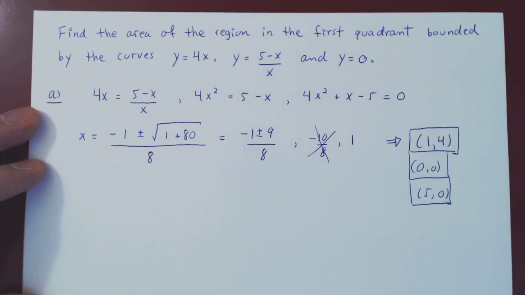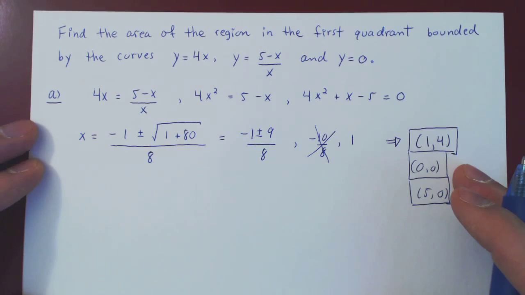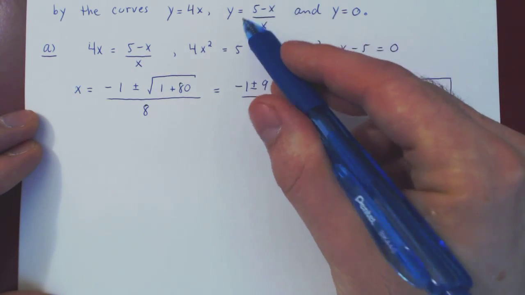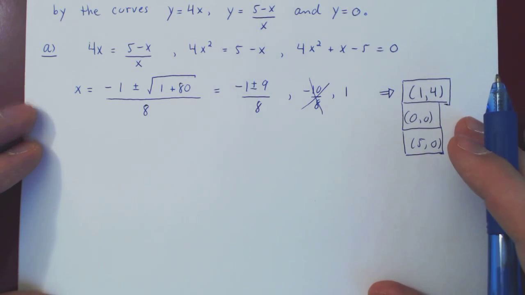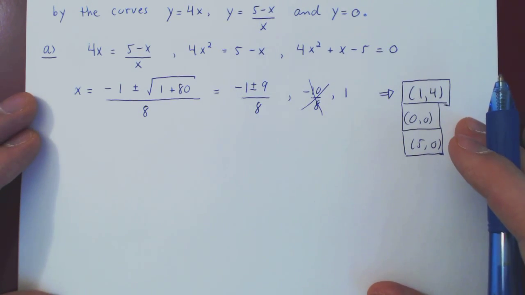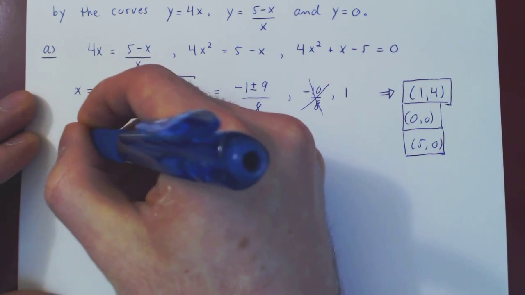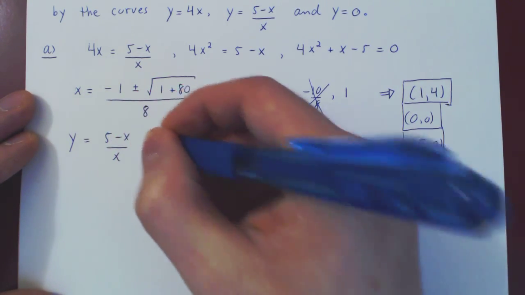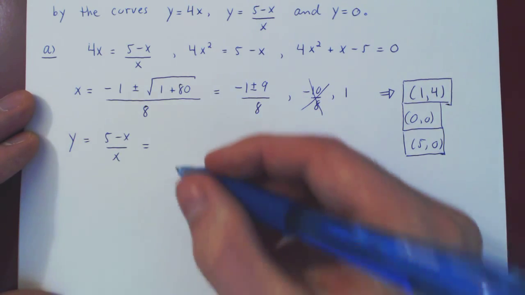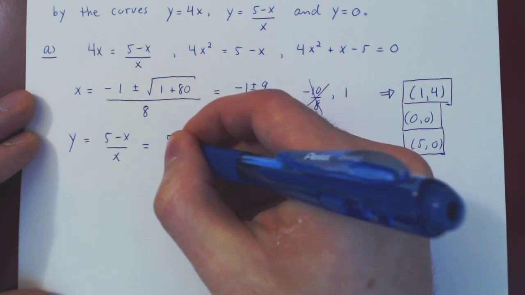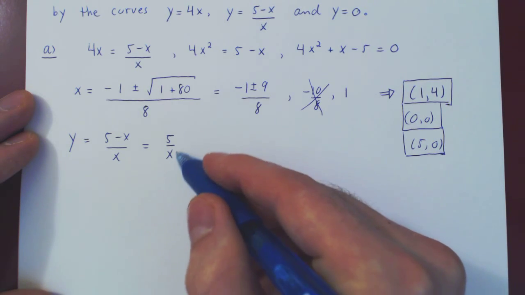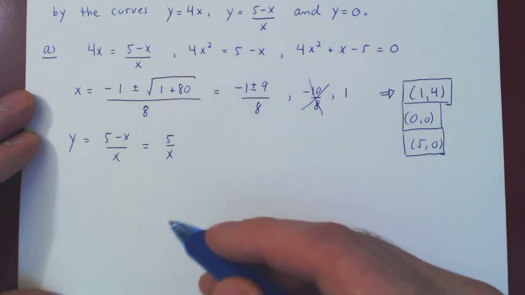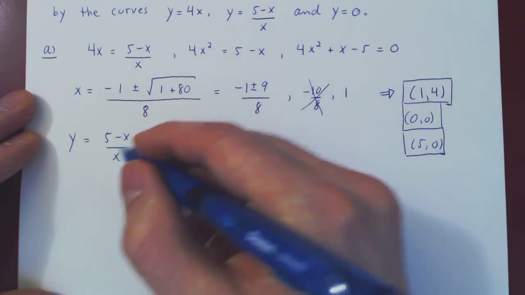So now we can sketch the region. And you can rewrite this function so as to make the sketch more apparent. If you think of it, you have y equals (5 minus x) over x, but if you divide across by x both terms, you'll have 5 over x, which is simply the function 1 over x but multiplied by 5, so it's going to be a little higher, minus x over x, which is 1.